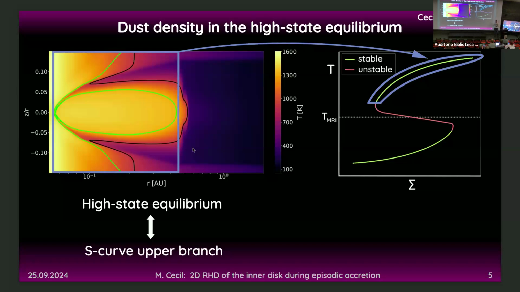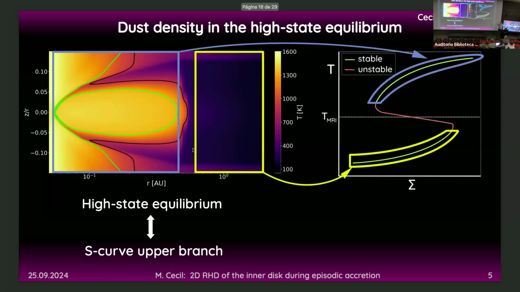So the dust will evaporate up to the point where the cooling rate can counter the enhanced heating rate, which is produced by the viscous dissipation. And at this point, when the cooling rate is approximately equal to the heating rate, then this upper stable branch of the S-curve is realized. And, by the way, of course, the lower branch of the S-curve is realized in the regions where the MRI is completely inactive.